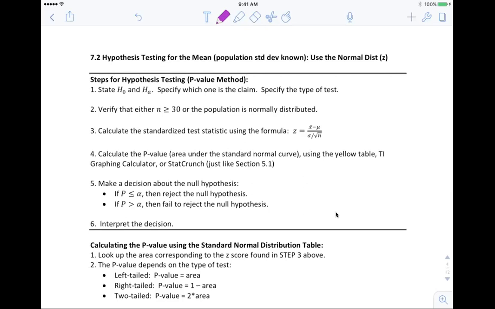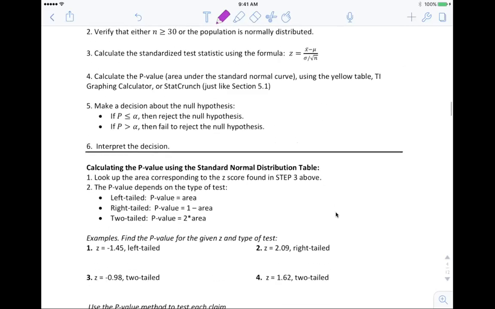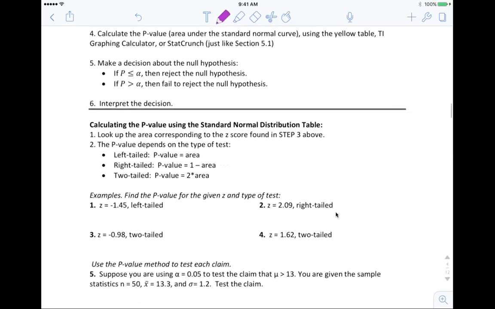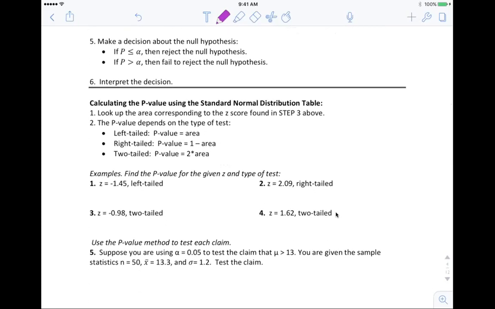So to review, first thing is, how do you calculate a p-value once you know that z? Okay, so in step 3 above, you find that z-score. And then you're going to have to convert it to a p-value. And so there's some instructions there. You can use the standard normal distribution table, or you can use StatCrunch.